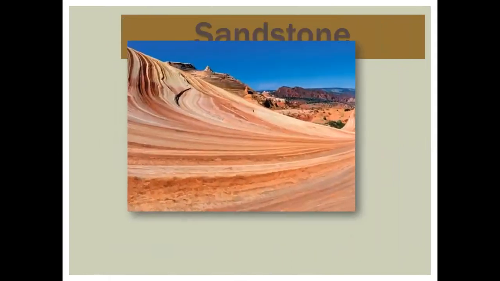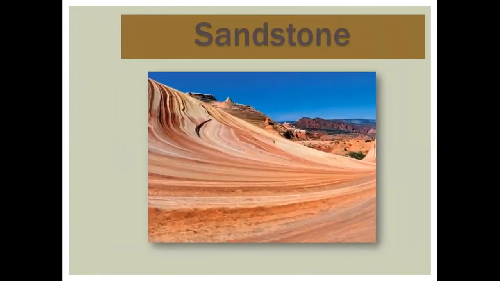First of all, we are going to talk about sandstone. These kinds of stones are mostly found in the desert. You know, when you go to the Riyadh area, to the Riyadh side, there you can see sandstone.